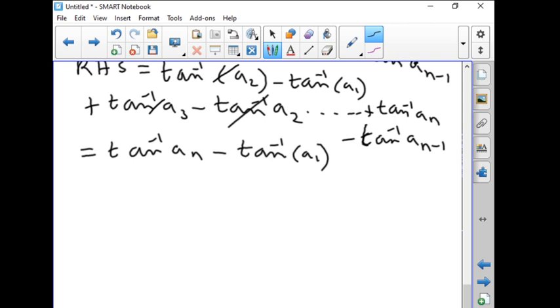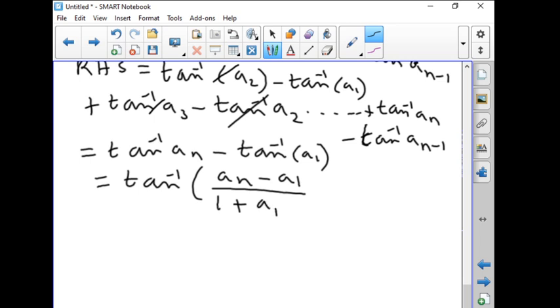So this is nothing but tan inverse of An minus A1 by 1 plus A1 An. This is the right hand side.